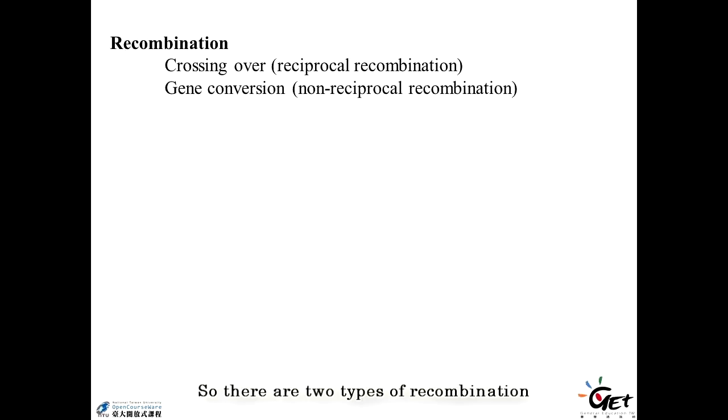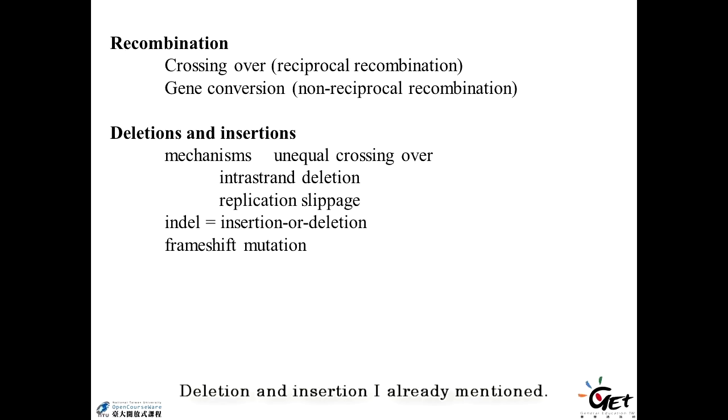So there are 2 types of recombination at the sequence level. Deletion and insertion, I already mentioned. Usually we don't know whether it's an insertion or a deletion, so the terminology now combines insertion and deletion into a new word, indel. In a lot of papers in molecular evolution, we use indel directly because we don't know whether it's an insertion or a deletion.